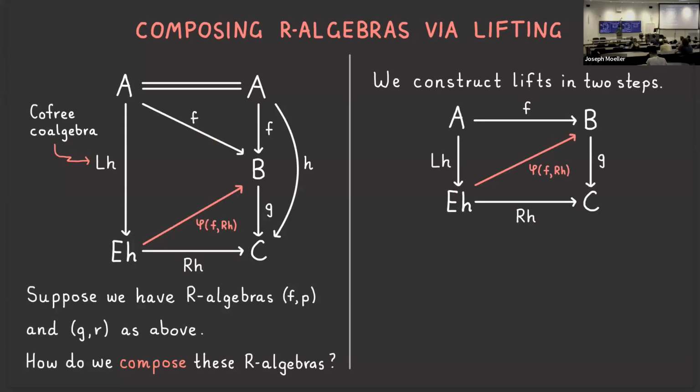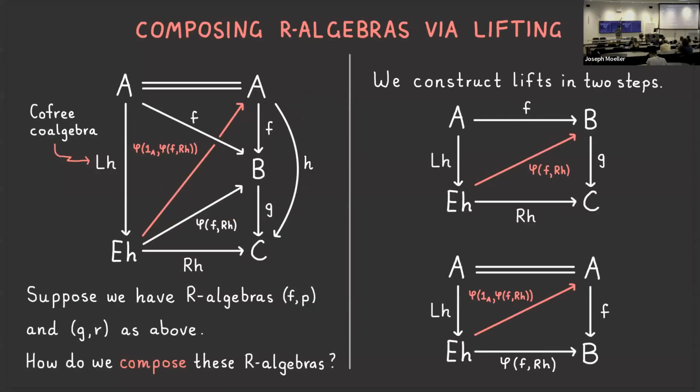So first we have a square like this, and because we've got a co-free coalgebra on one side and an R algebra G on the other side, we can construct this lift and put that into our big picture on the left-hand side. Then we do the same with another commuting square. We get a lift, and now we get this big diagonal from E of H to A. And this is exactly the algebra structure map on the morphism H.